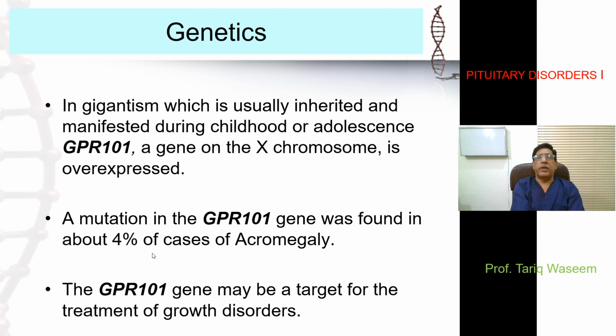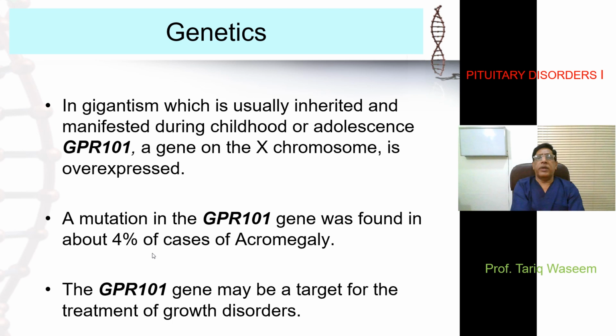Something about the genetics: gigantism, which is usually inherited and manifested during childhood or adolescence, results from a gene on the X chromosome, named GPR101. This gene on the X chromosome is overexpressed, and this overexpression would lead on to more production of growth hormone from very early childhood.